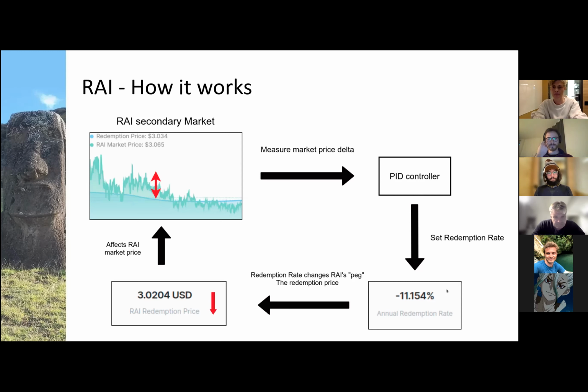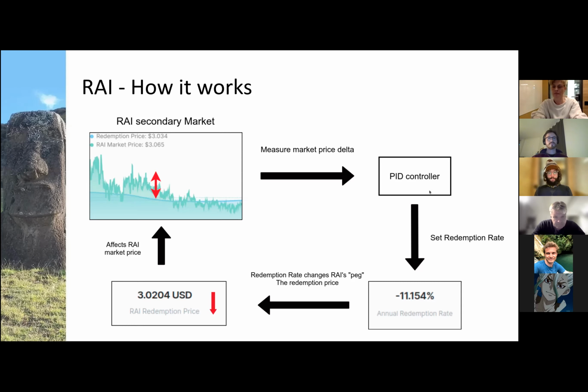For example, in this case, RAI trades above the redemption price, as we can see by this red arrow here. Therefore, the PID controller is outputting a negative redemption rate. The redemption rate is the rate of change of the redemption price.